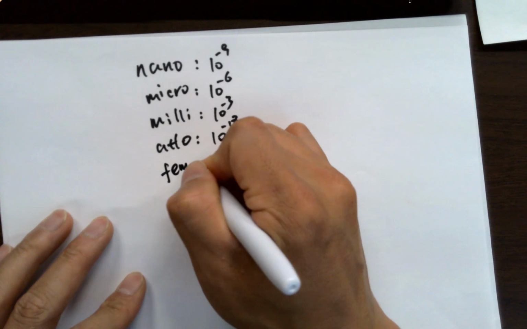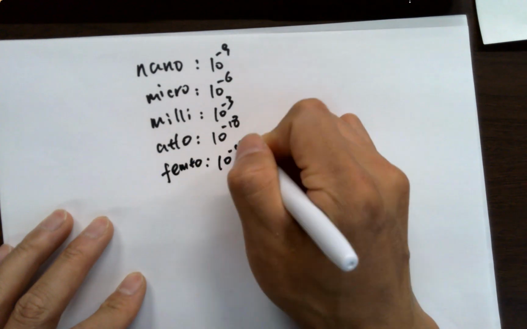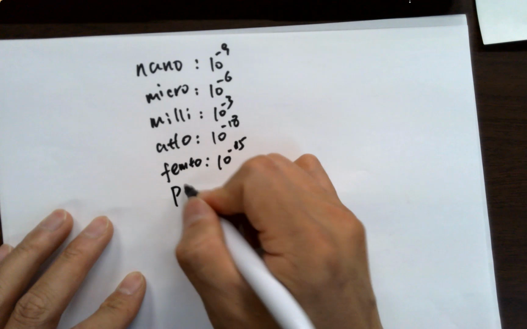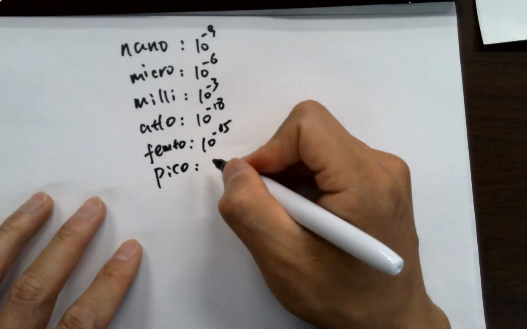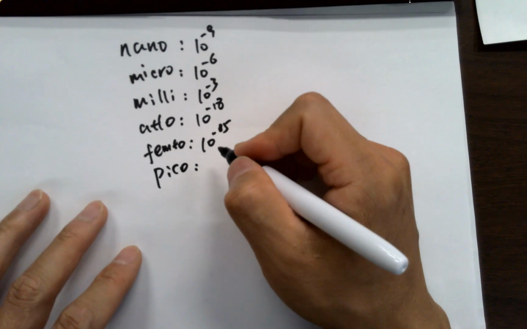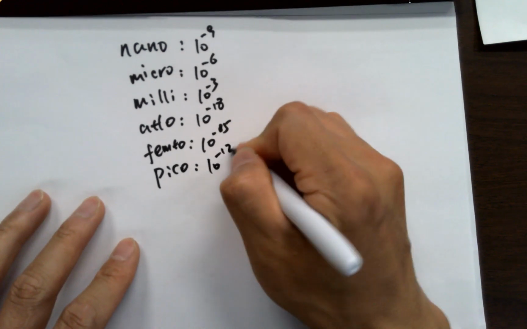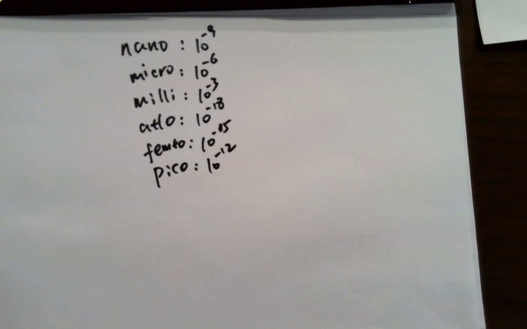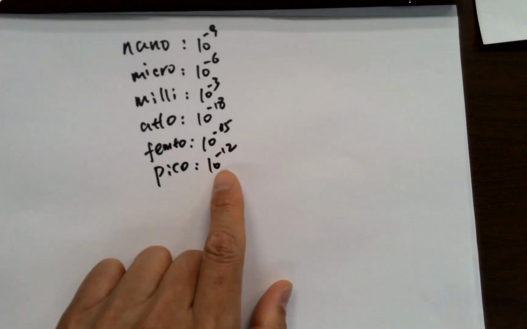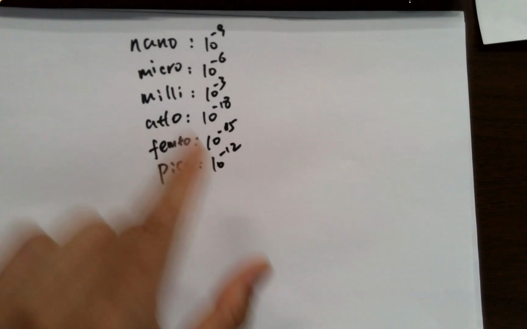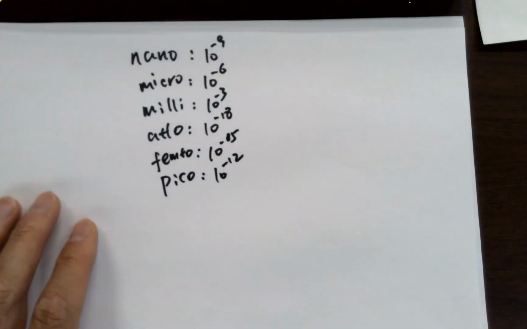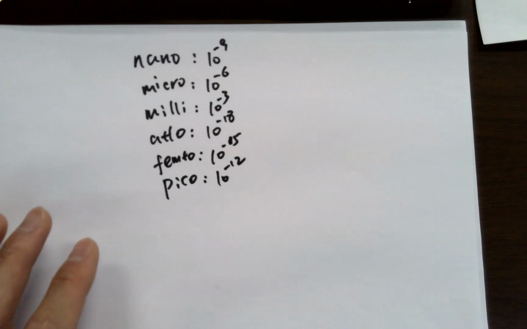Femto, 10 to the negative 15th. Pico, 10 to the negative 12th, right? So these are all the major ones.